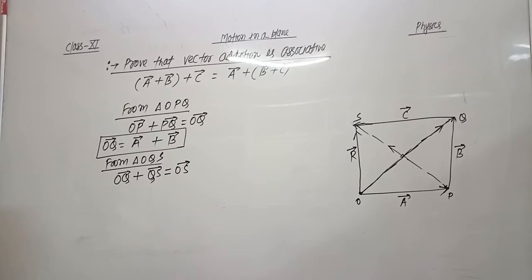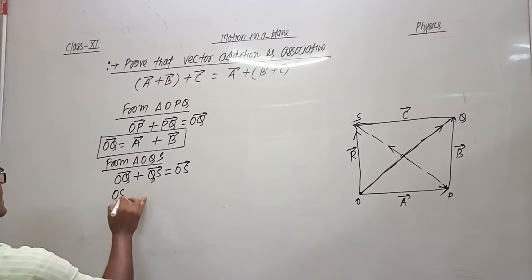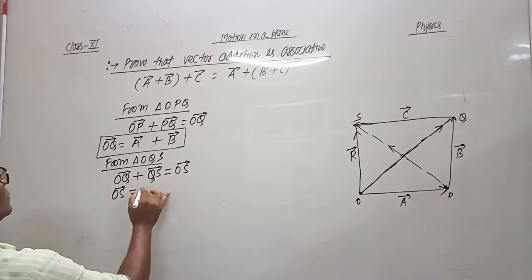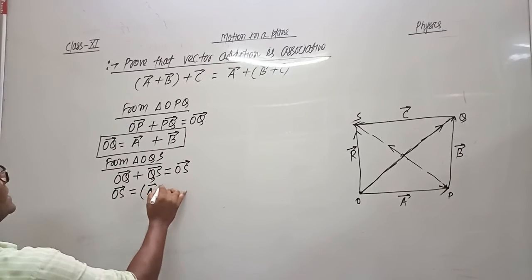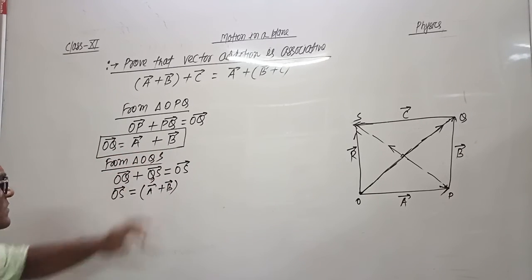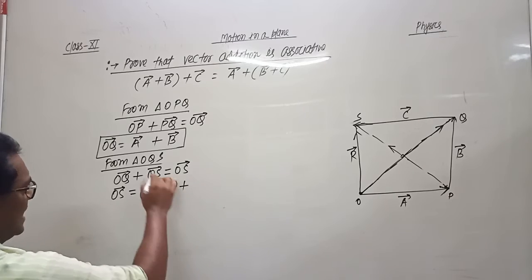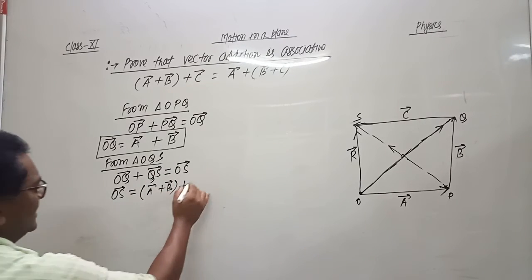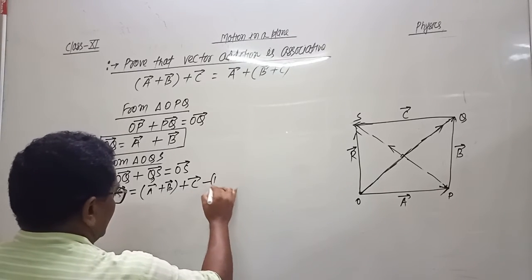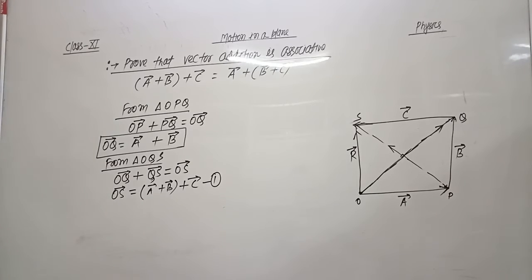In place of OQ, we can write vector A plus vector B, and the value of QS vector is C. So we get vector OS equals vector A plus B plus C, and name it the first equation.